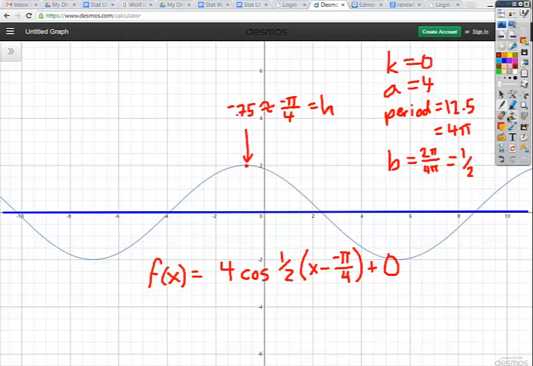I can simplify by getting rid of this, because I don't need to show that I'm adding on 0. And not only that, because it's minus a negative, I can change that to plus a positive, and there it is. So this is my function equation for this wave.